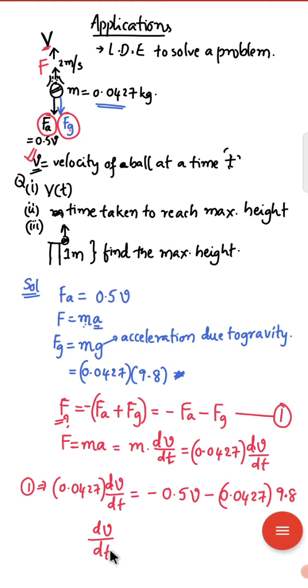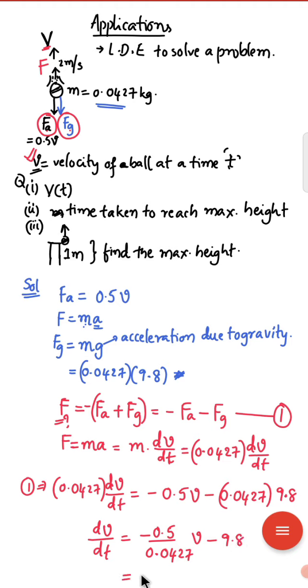by dt is equals to minus 0.5 by 0.0427 v minus 9.8.